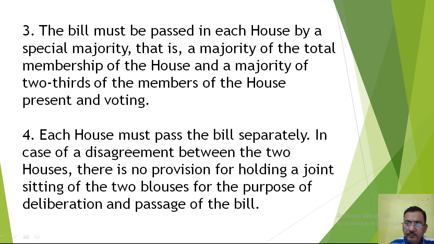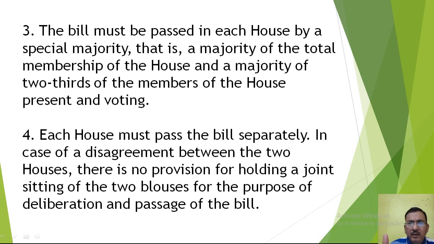Now here, in the third point, you need to understand that whenever a bill is introduced in the parliament, each house of the parliament must pass the bill with a special majority, that is, a two-third majority of the members of the Lok Sabha or Rajya Sabha must vote in favor of the bill.